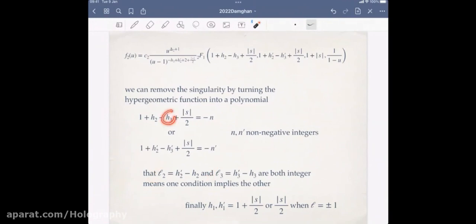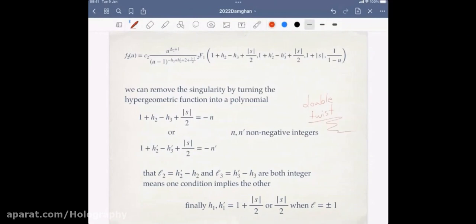So if I put a condition on H3, this will put a condition on H3 prime, or vice versa. And then finally, you can recognize the 1 and the n in here as being related to the scaling dimensions of the operators in the defect OPE of the field strength. So when the dust all settles, this is precisely the double twist condition that I had in the summary of the proof a few slides ago.